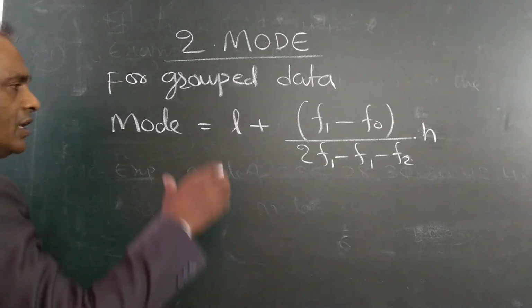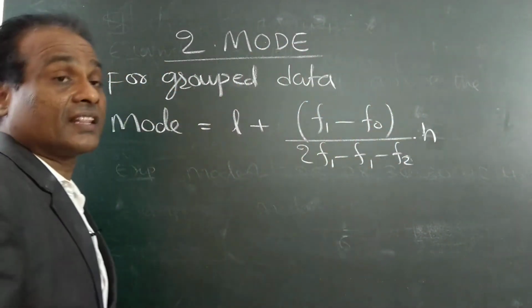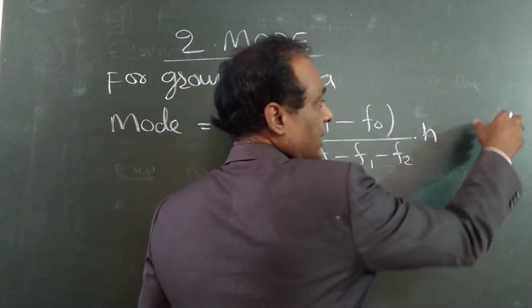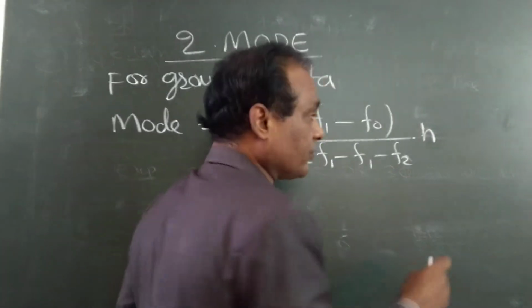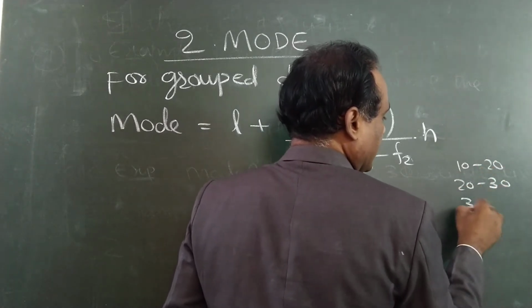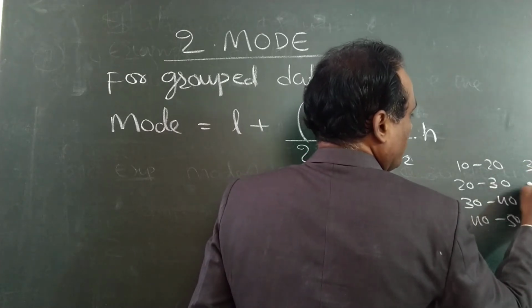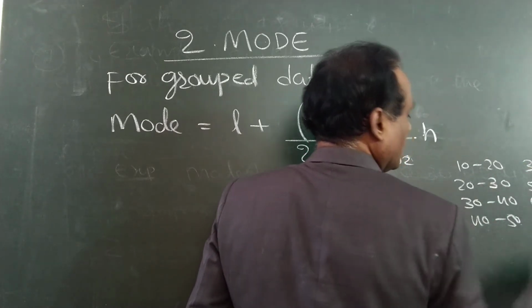First, to find all these values, we have to decide the modal class. In the given frequency table, the class intervals are 10 to 20, 20 to 30, 30 to 40, 40 to 50, and the frequencies are given like this.